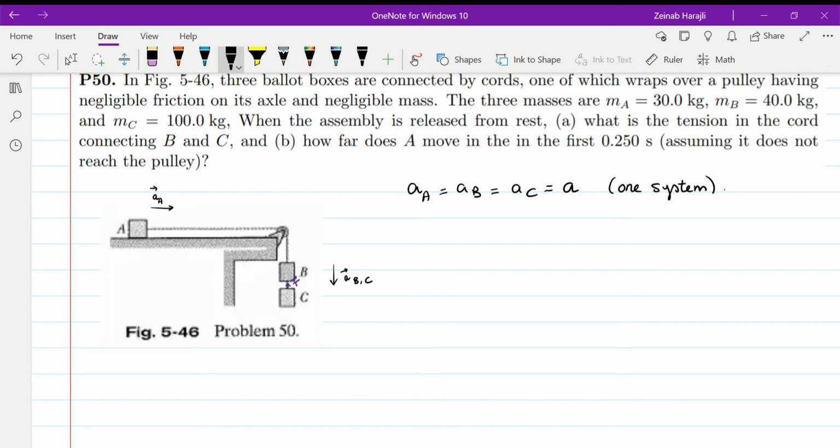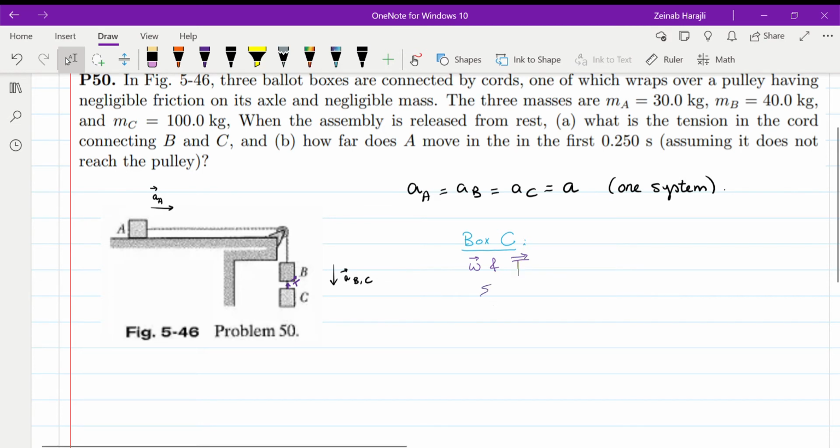Alright, now to find the tension between B and C, we might start by considering the box C and checking the forces acting on it. We would notice that we will have weight and tension, the tension that we're looking for.